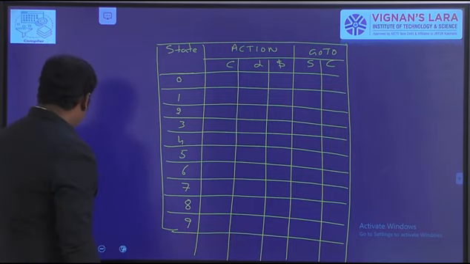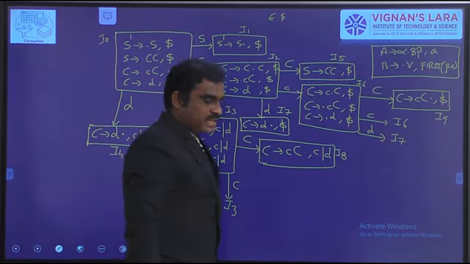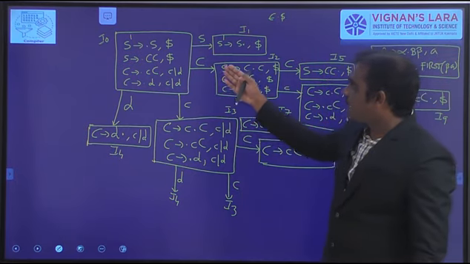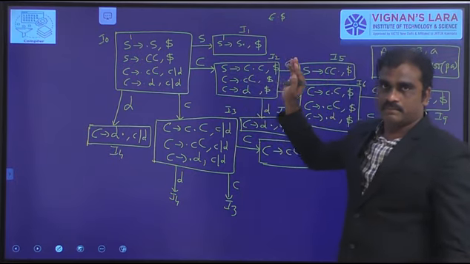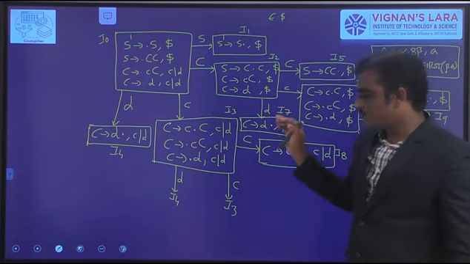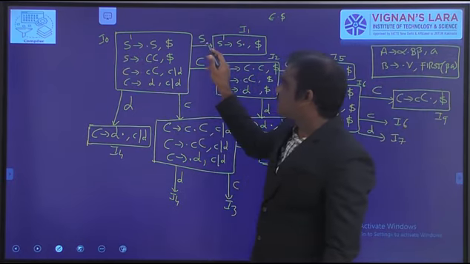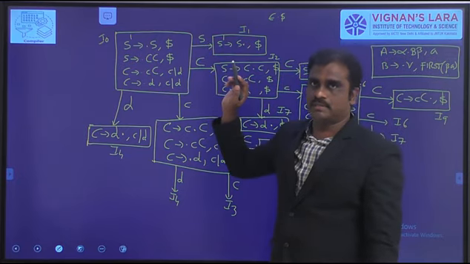Now, by using this transition diagram, we have to perform shift operations and go to operations, the same as in SLR. See, this is I naught and this is the capital S. Capital S means go to operation.